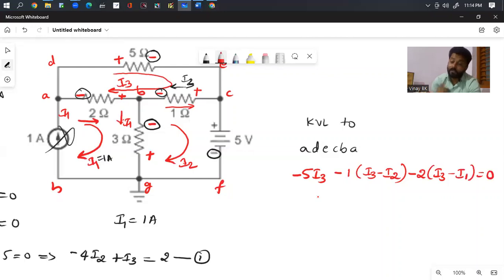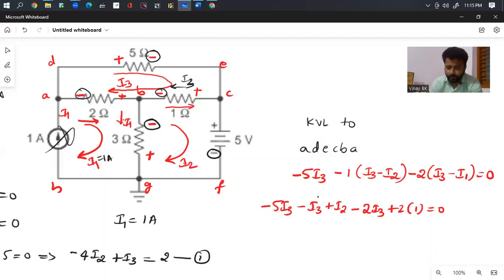0. But what is the value of I1? 1 ampere. Keep that in your mind. So I'll simplify now. Minus 5I3 minus I3 plus I2, minus into minus is plus, minus 2I3, minus into minus plus again plus 2I1, but the value of I1 is 1, equals 0. Now simplify this equation.